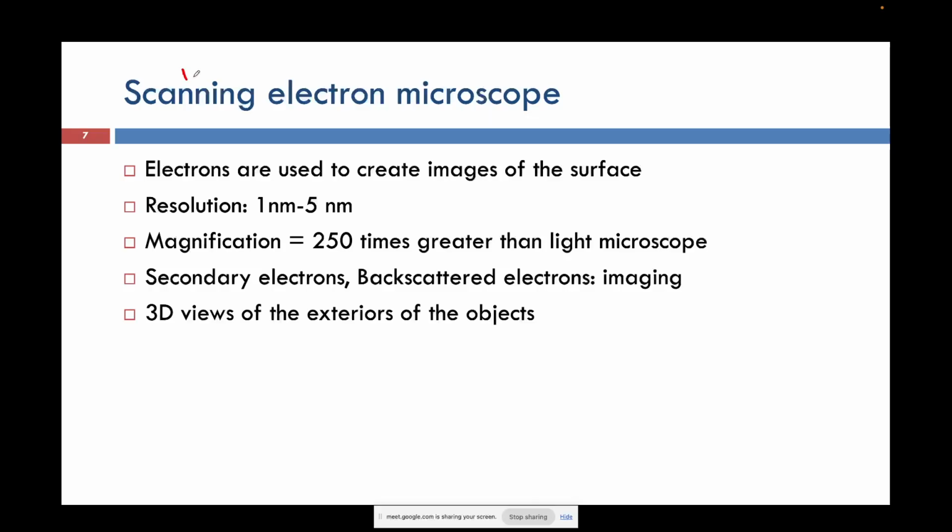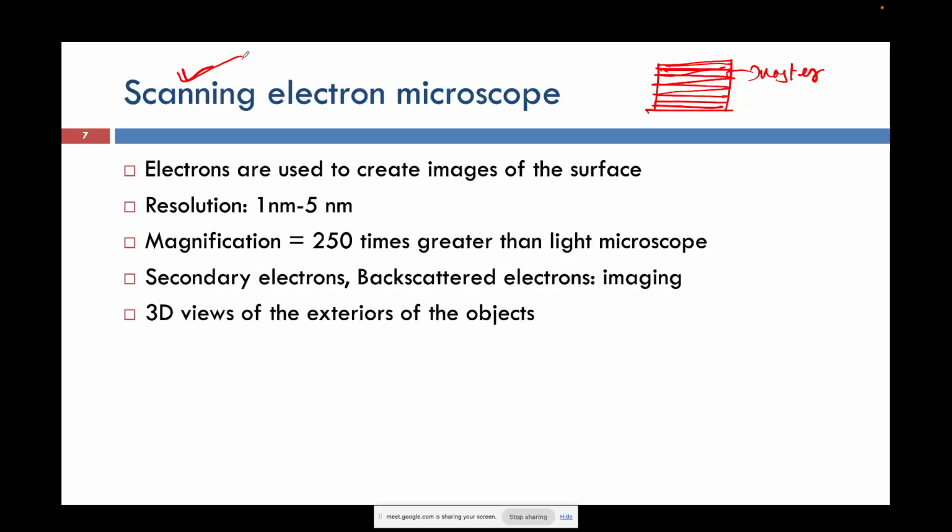As the name suggests, scanning, that means there is a specimen surface and our electron beam goes and falls and then scans across this surface, right? And since it scans across this surface, it's a raster scan, and that is why the name suggests scanning electron microscope.